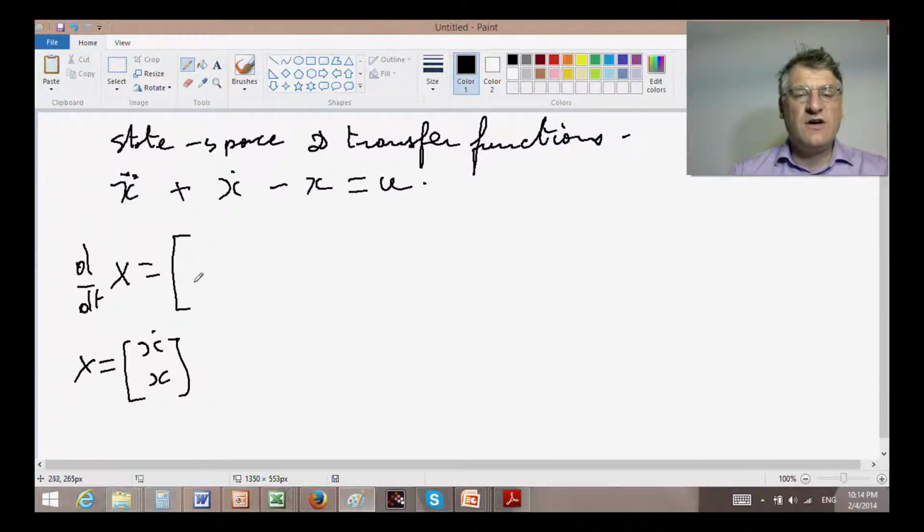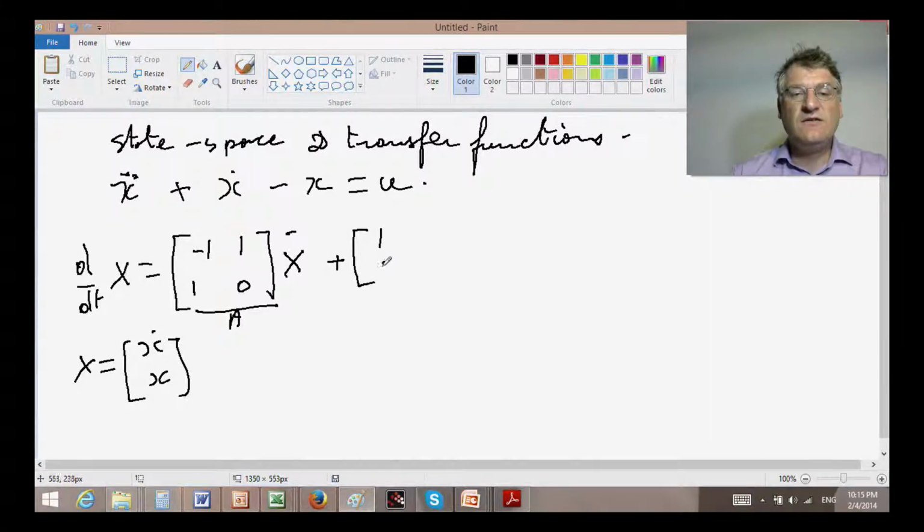So d dt of x will be x dot, so it will be 1, 0, and d dt of x dot will be x double dot, which is plus x minus x dot. So that's the A matrix, and then plus B times U, where B is 1, 0 times U.